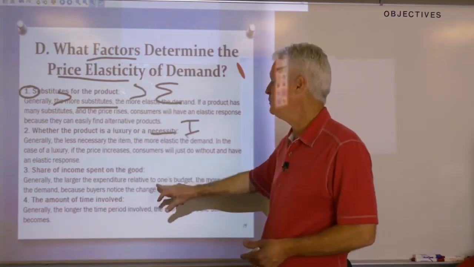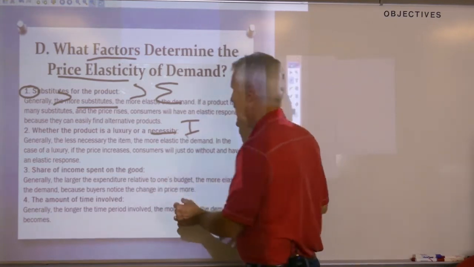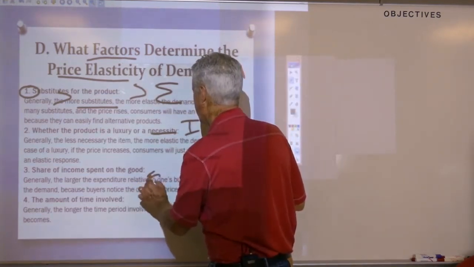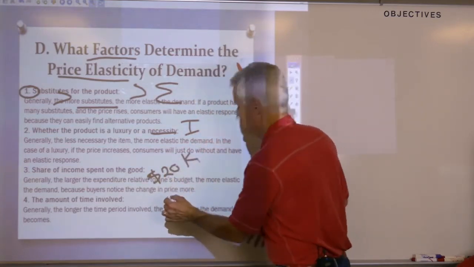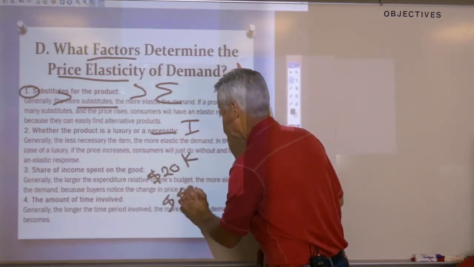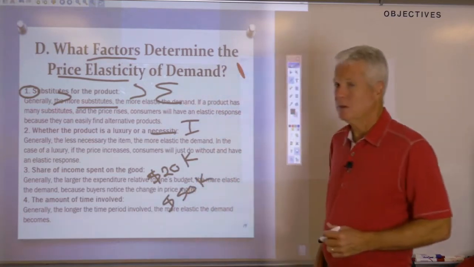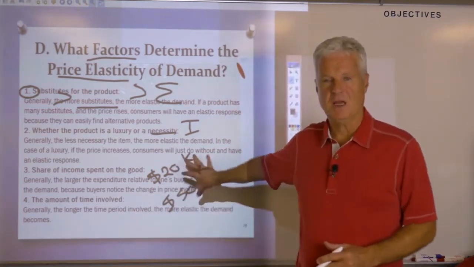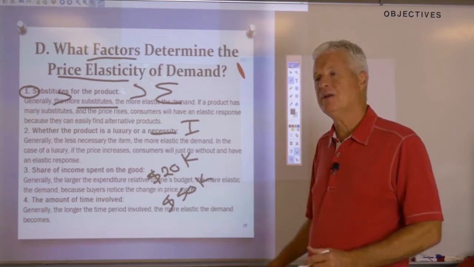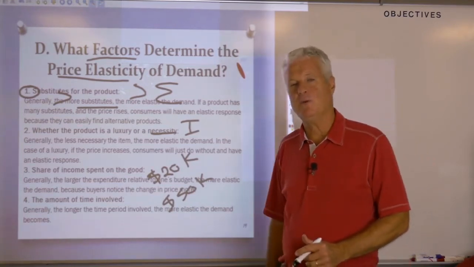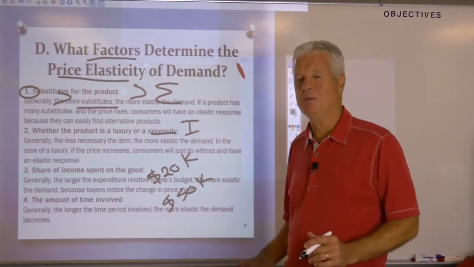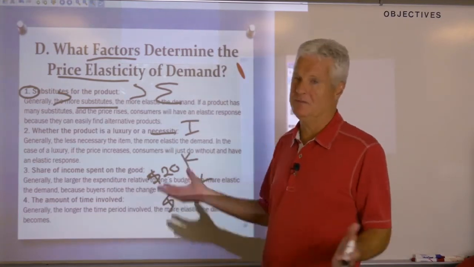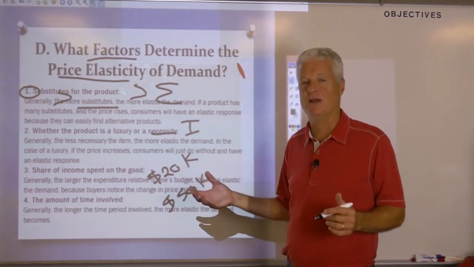Share of income spent on a good. I was going to buy a car and it was going to be $20,000. And let's say I make $50,000 a year, and I'm like, whew, that's pretty expensive, but I can swing it. And then I look, well, you know what I really want is one of those really nice Corvettes. Because I'm getting pretty old, and Corvettes are mostly driven by old guys like me.